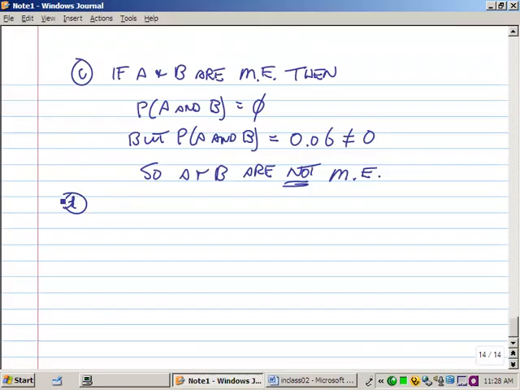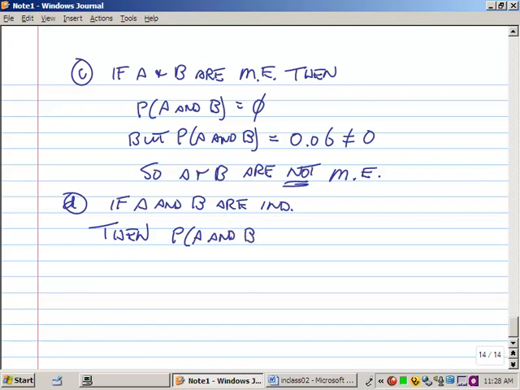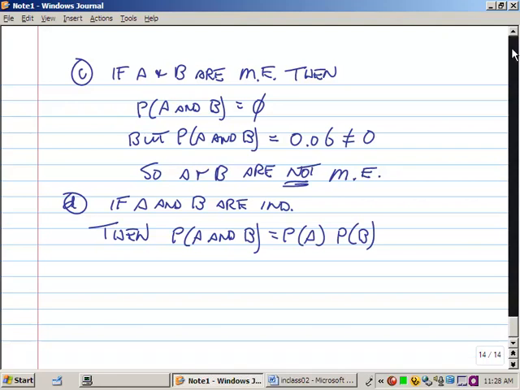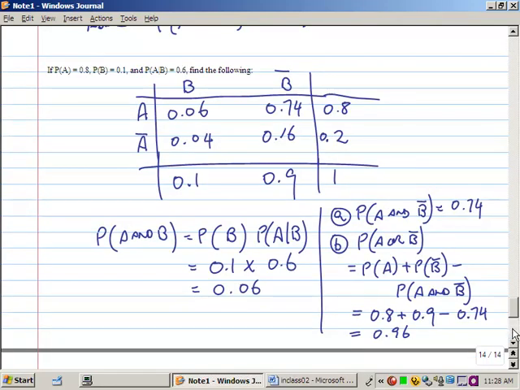D, are A and B independent? If A and B are independent, then the probability of A and B would be equal to the probability of A times the probability of B. Alright, probability of A and B is 0.06.